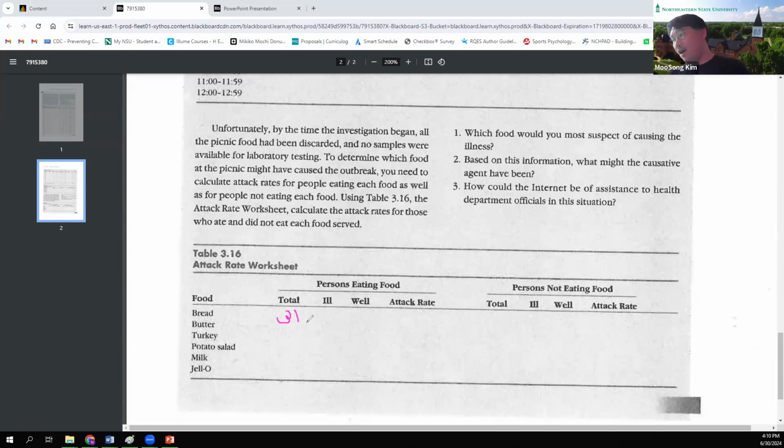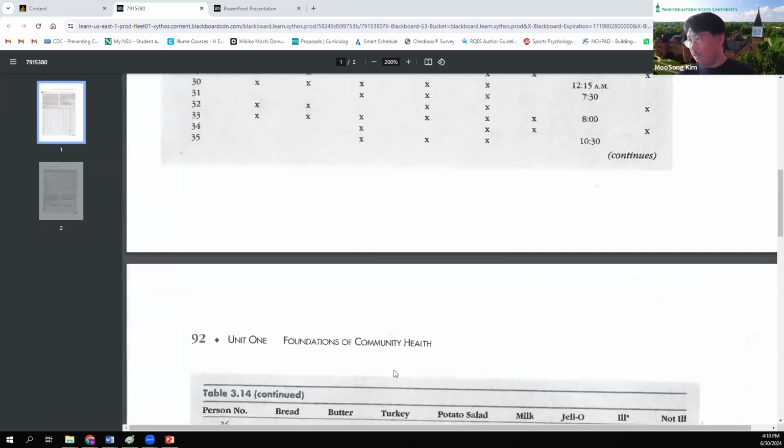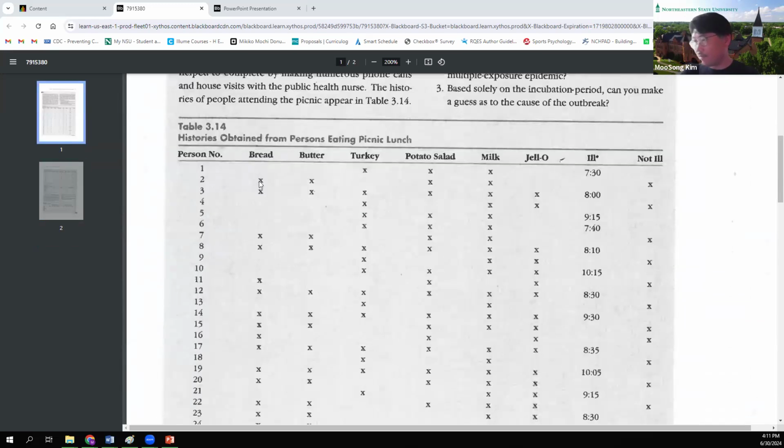After that, with the 31, we also need to count how many people got sick or not. Number 2, not sick.